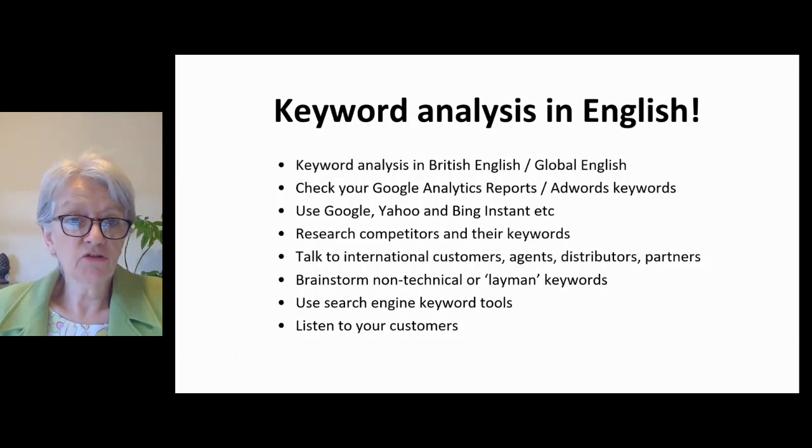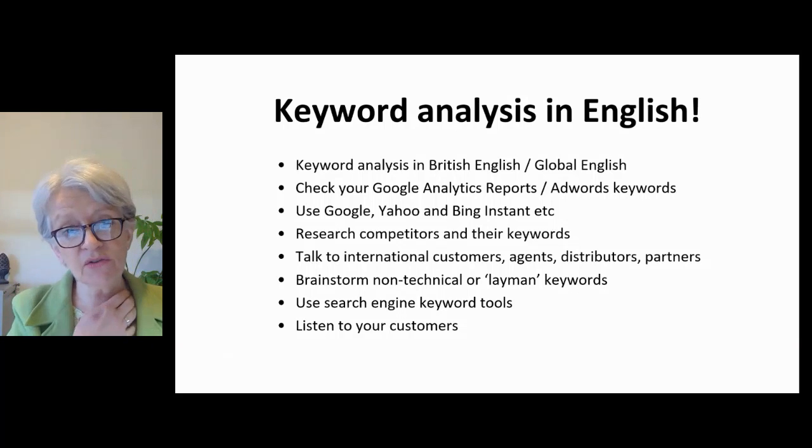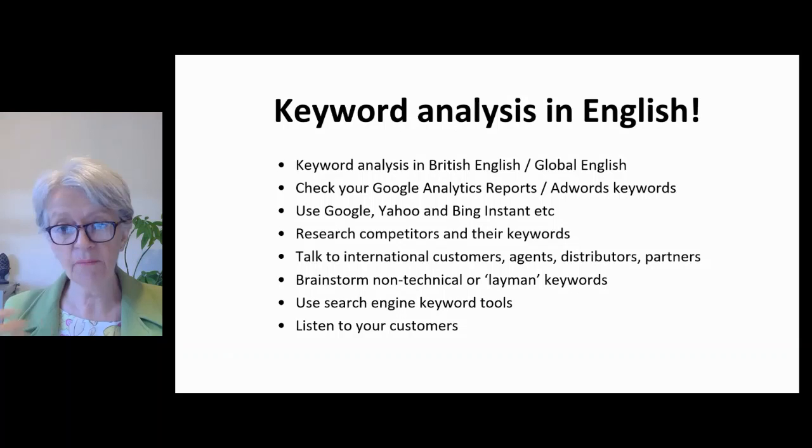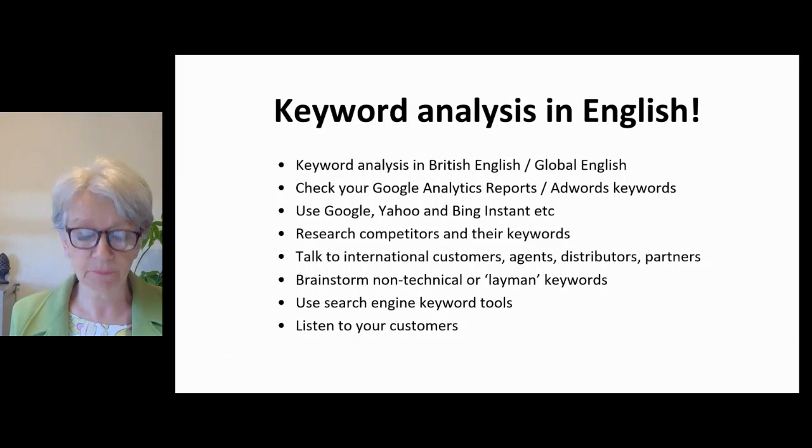But I think just grazing and seeing how your competitors on the website and on their social media call their product and service, how they engage with clients, what words they are using, is actually really, really useful.